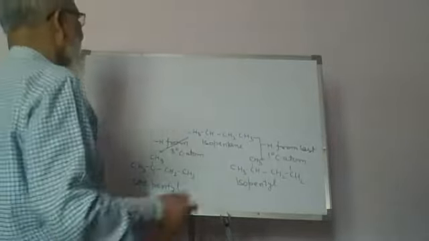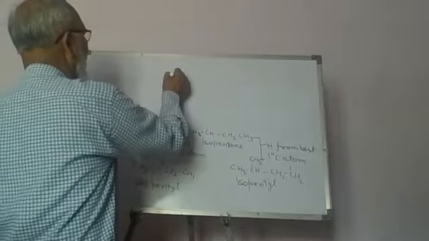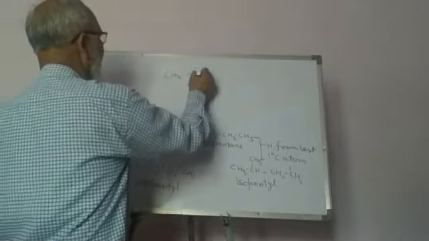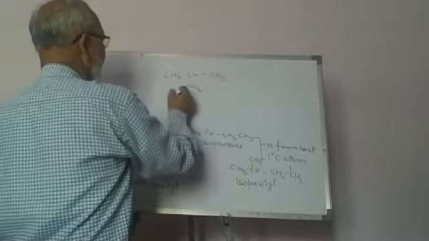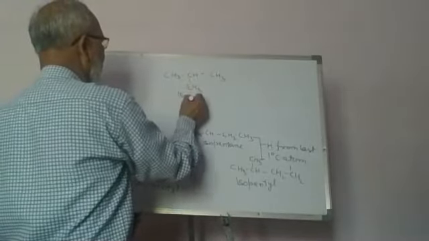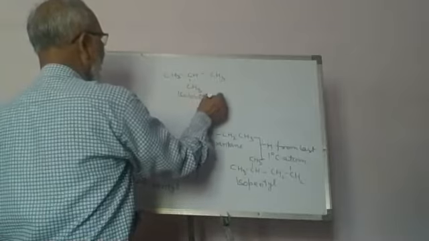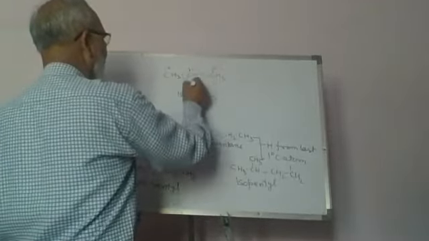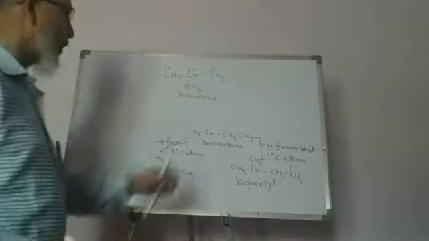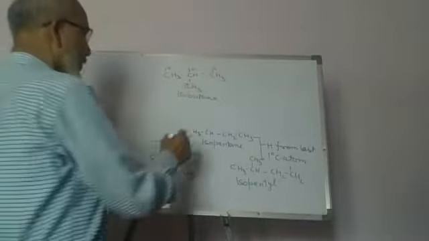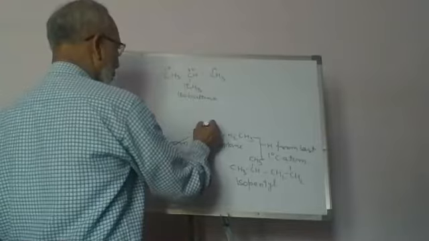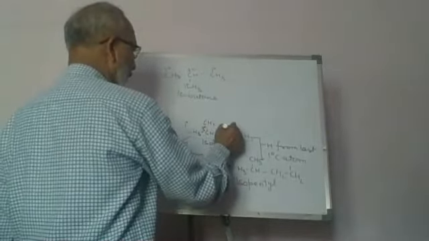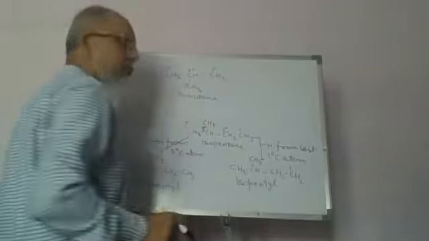As for example, CH3, CH, CH3 is your isobutane. It has only primary and tertiary carbon atoms. While this isopentane, as you have seen in the example, contains primary, tertiary, as well as secondary carbon atoms.